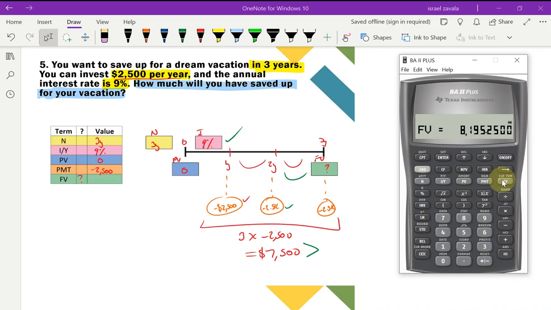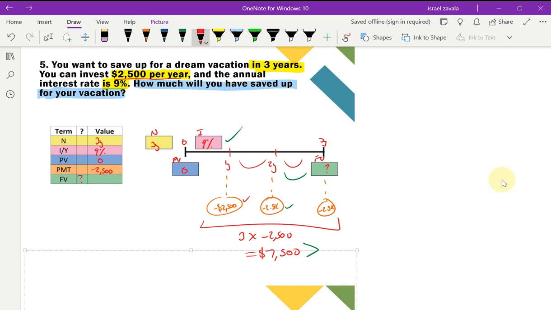So the future value is $8,195.25. Okay, that's what we expect to get in 3 years for our savings. So that tells me, look, this is the floor. This is the actual amount. That means that this money here and this money here grew.